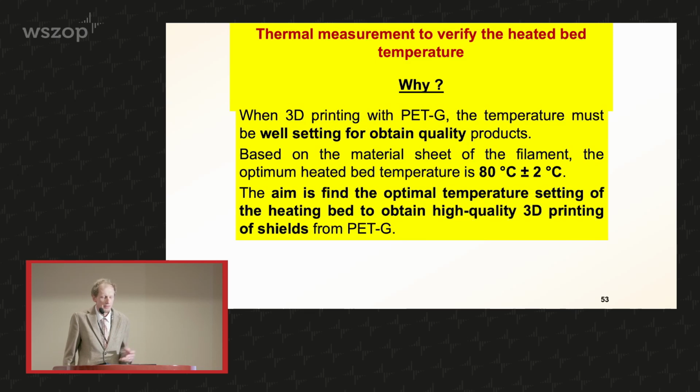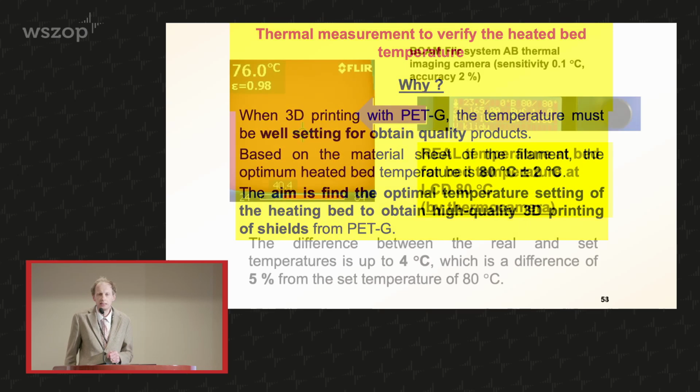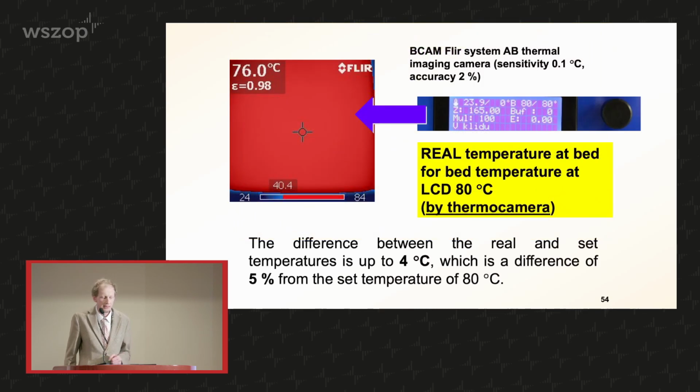Because when 3D printing with PETG material, the temperature must be well set to obtain high quality products. The optimum heated bed temperature for this material is 80 degrees Celsius plus minus 2 degrees Celsius. And the aim is to find the optimal temperature setting of the heating bed to obtain high quality 3D printing of shields. And for verification analysis, I use a thermal image camera.